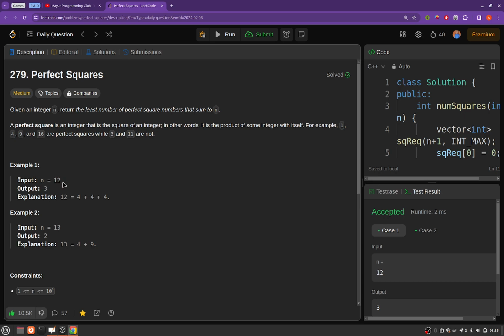Okay. So you have to return how many perfect square numbers will be required to form a particular sum. This is the target sum, or let's say the target value.